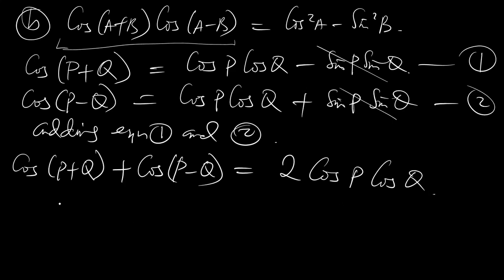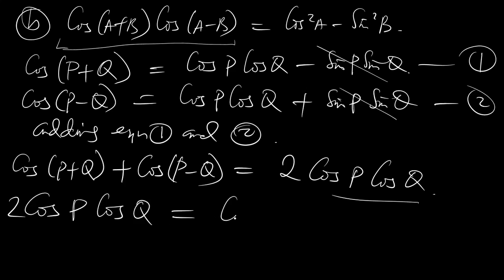So from this analogy, 2 cos p cos q is equal to cos(p + q) plus cos(p - q).